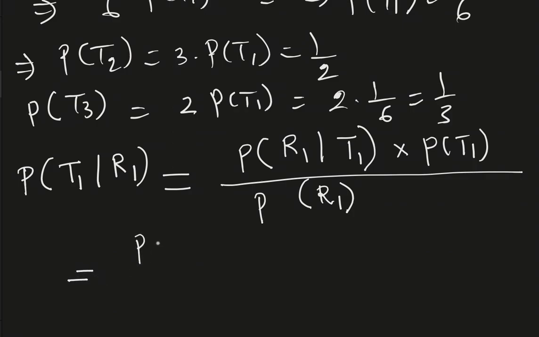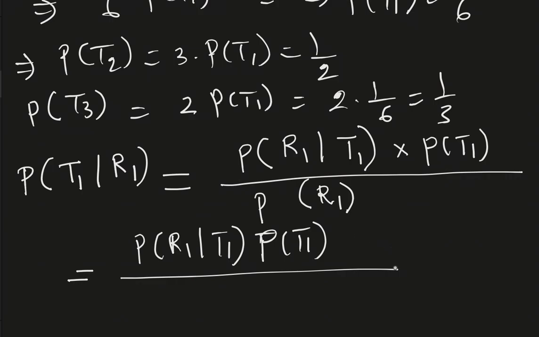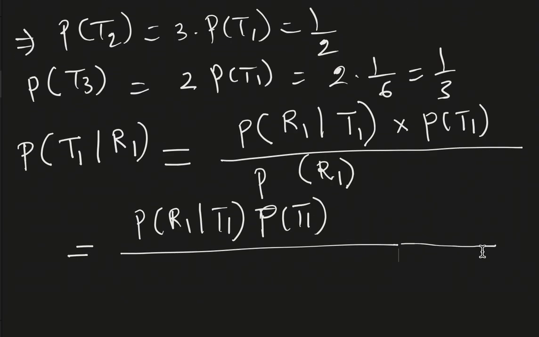So this is P(R1|T1) P(T1), and the denominator comes from the total probability rule.